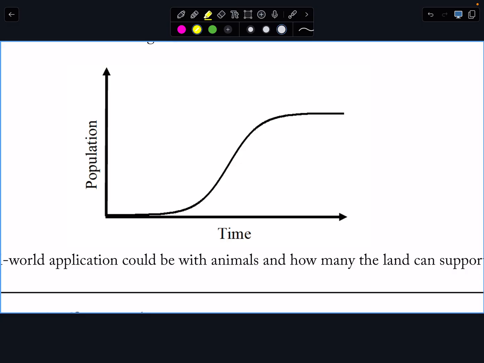So, logistic growth graphs always kind of look like this. There's some threshold, there's some sort of line where there's what we call a limiting value.